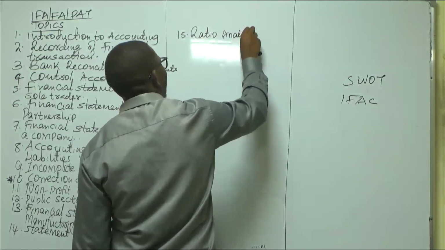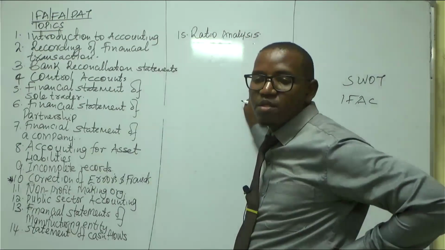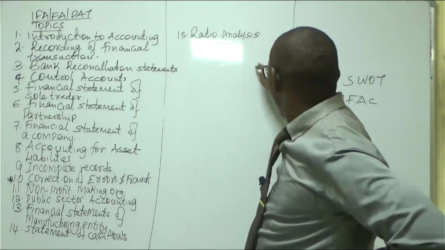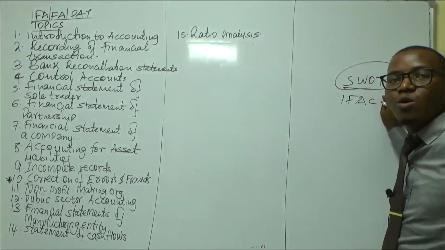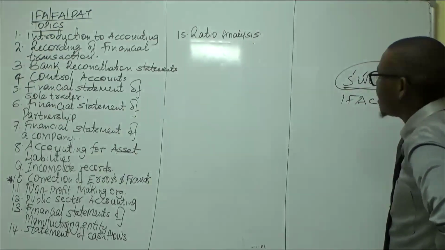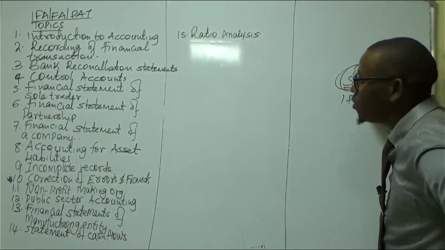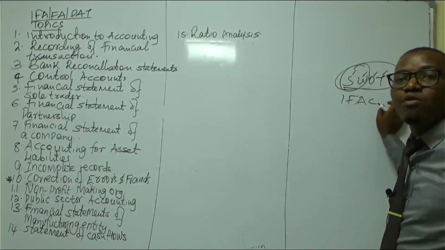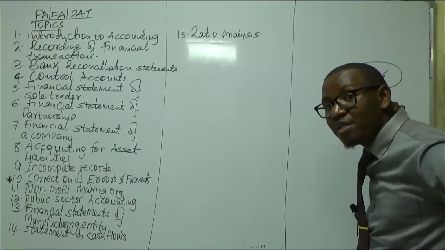And then number 15, we'll also be talking about ratio analysis. As I've said, we are just looking for SWOT: strength, weakness, opportunity, as well as threats. When we talk of strength and weakness, we are talking about the factors that affect the internal environment of a business.